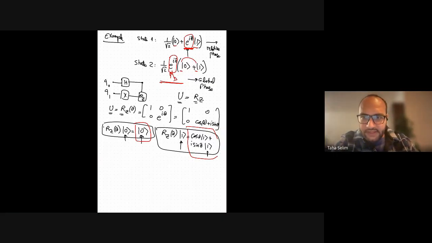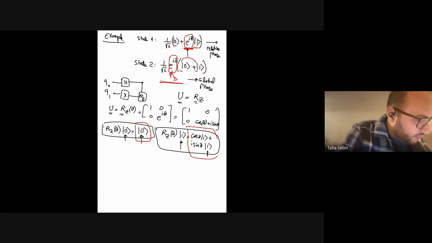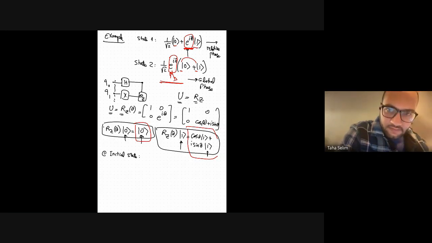Okay, so now let's see how the phase kickback appears with me. So if we see here what happens, now the initial state is actually ket 0 tensor ket 0.